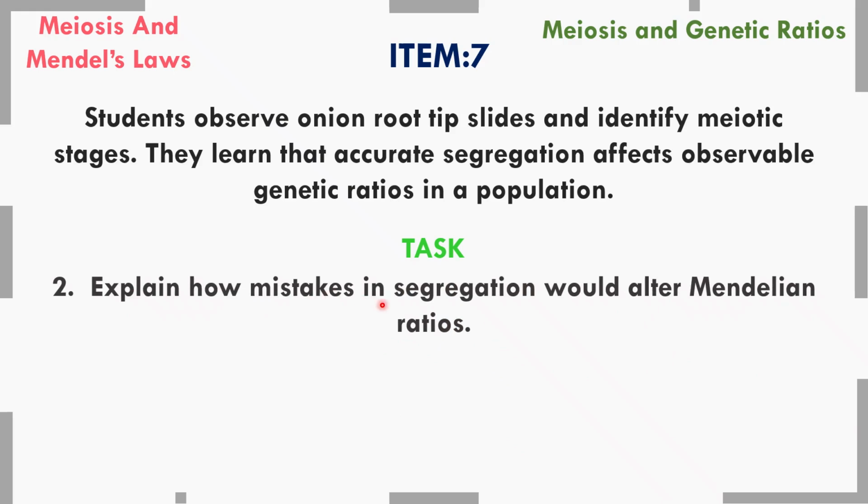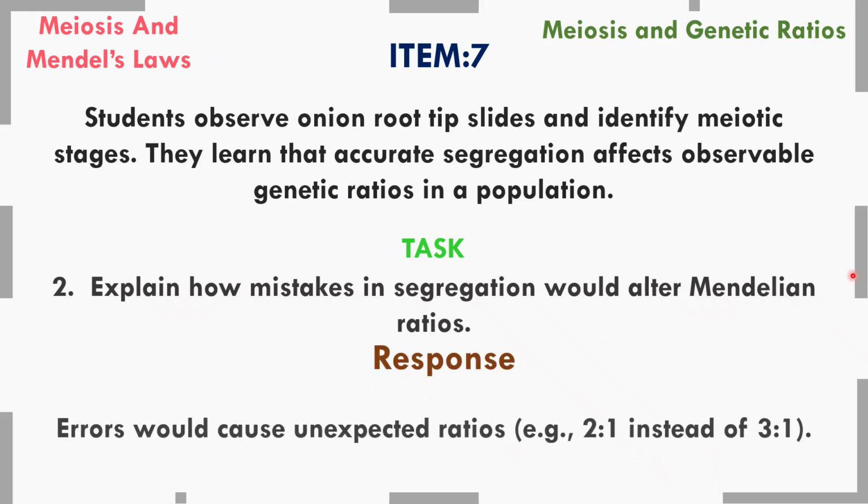Explain how mistakes in segregation would alter Mendelian ratios. Errors would cause unexpected ratios, for example 2:1 instead of 3:1.